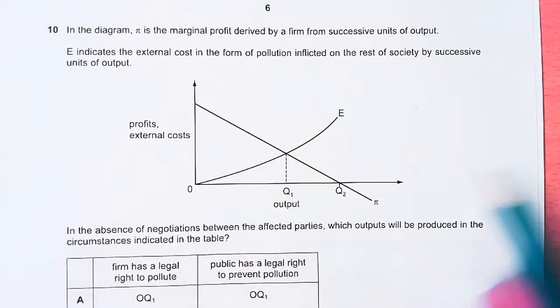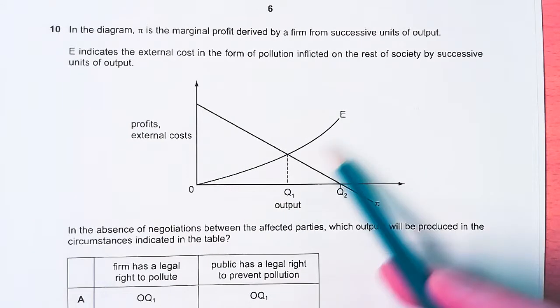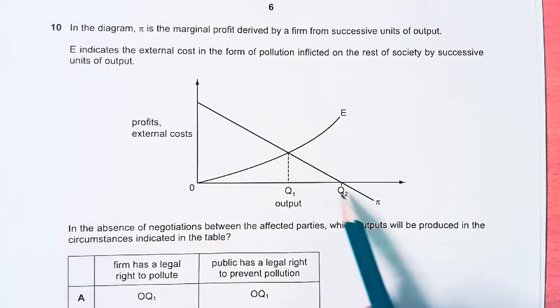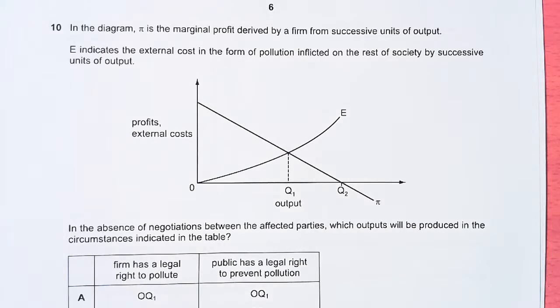Yes, there's an external cost here, and so we can firstly see we've narrowed this down to 2 choices already, C and D. So public has a legal right to prevent pollution. Well, actually, it seems like they don't have a legal right, because we don't have any negotiations which have actually taken place here.